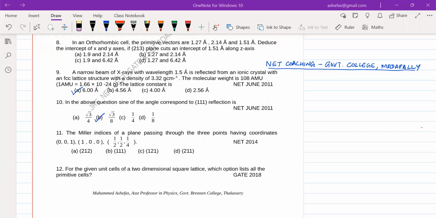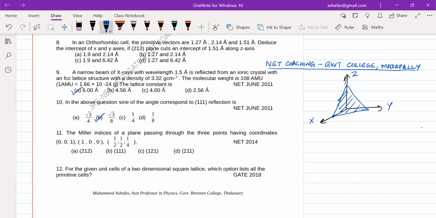So the Miller indices of any plane, suppose you have some plane which intersects the XYZ axes like this.